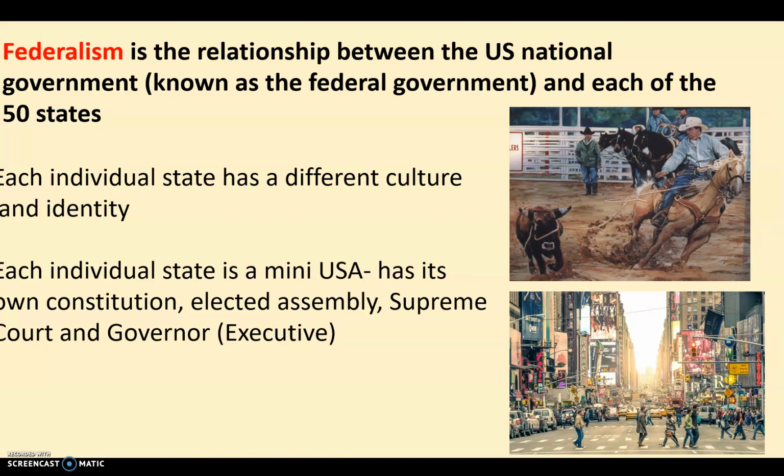And every state has got its own governor who forms the role of the executive. Each of these people and institutions, by the way, are ultimately answerable to the Supreme Constitution of the USA. So the US Supreme Court in Washington can actually strike down any decision made in a state if it contravenes the Constitution.